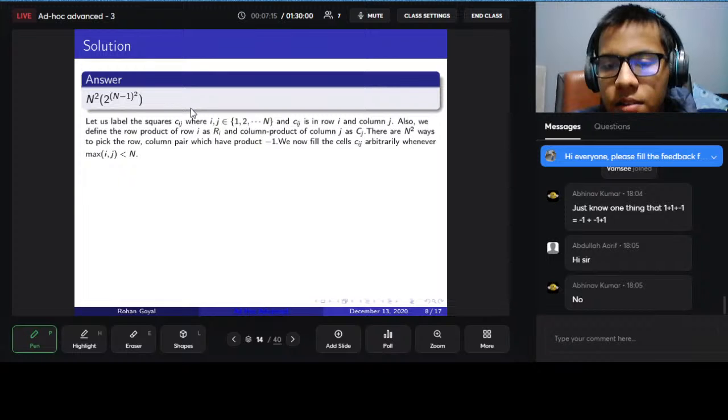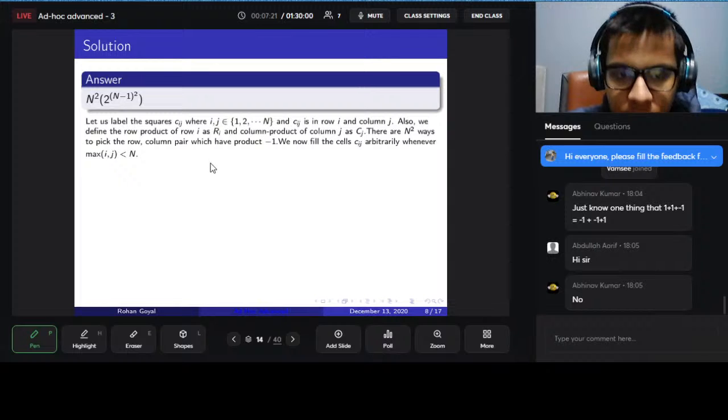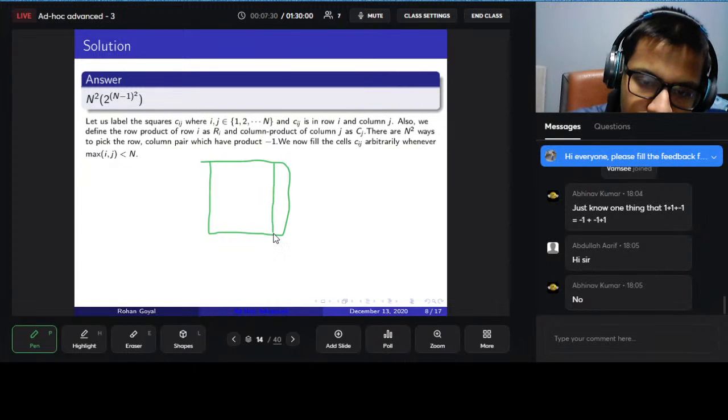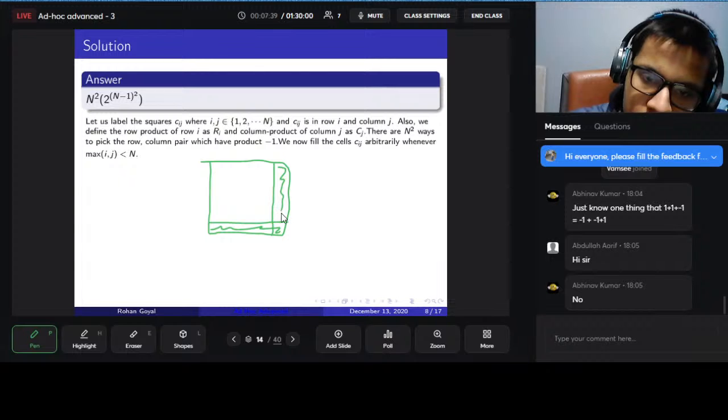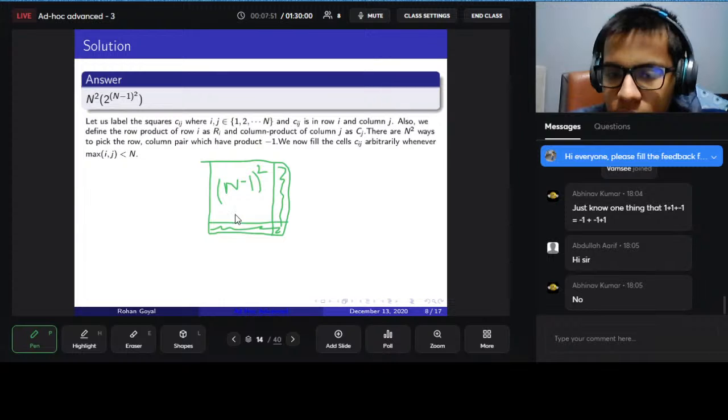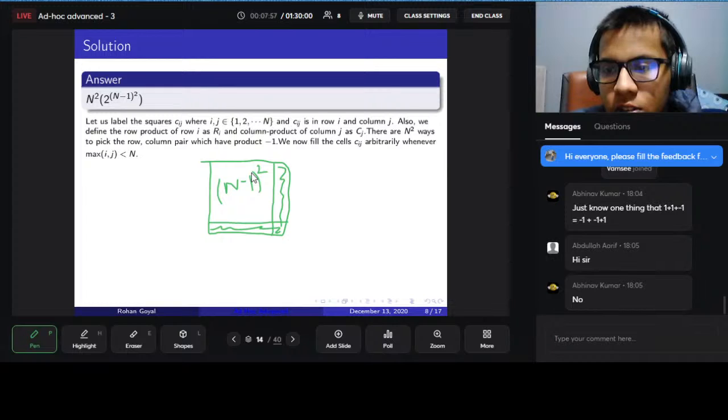Now we fill the cells Cij arbitrarily whenever max(i, j) is less than n. What that's basically saying is, if this is our grid and this is the last row and the last column, we leave this area for now, and the remaining (n minus 1) whole square cells, because (n minus 1) into (n minus 1), are all taking arbitrary values.